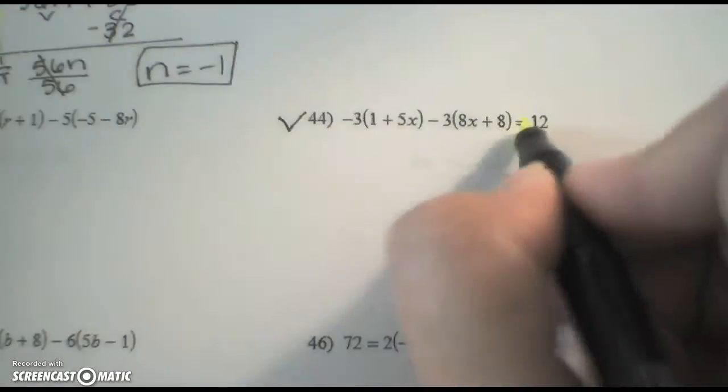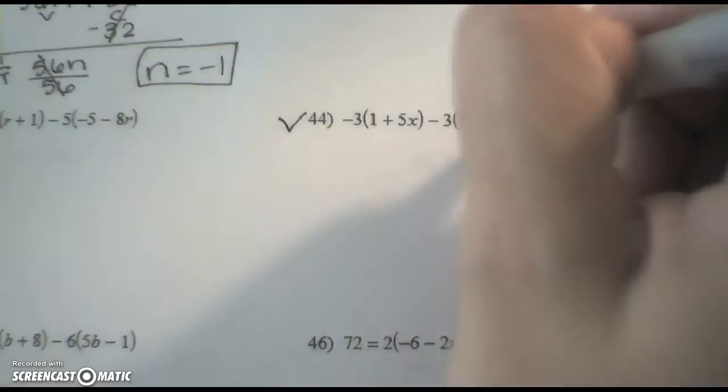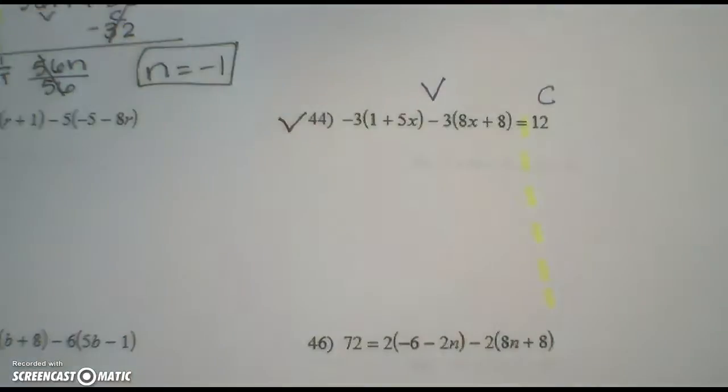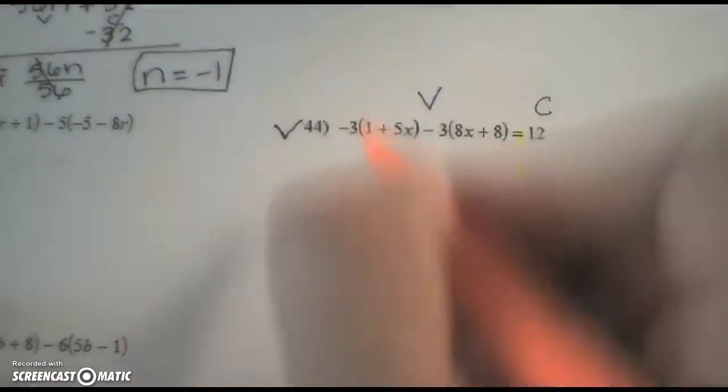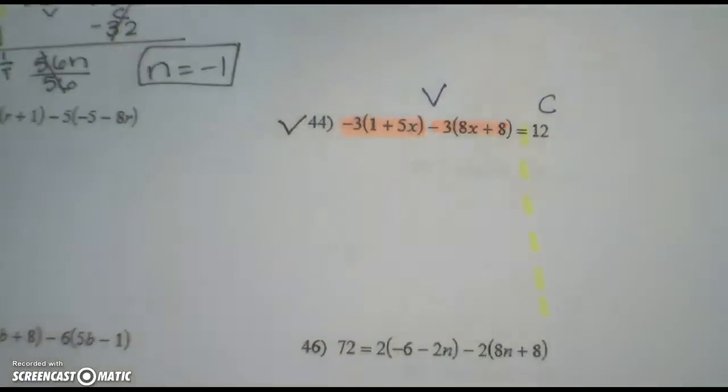Before we get too crazy, draw our fence down a line. Separate the equation by the equal sign. Let's label variable land and Constantville up here. All right, check for distribution, which we've got here. Got it there, got it there.